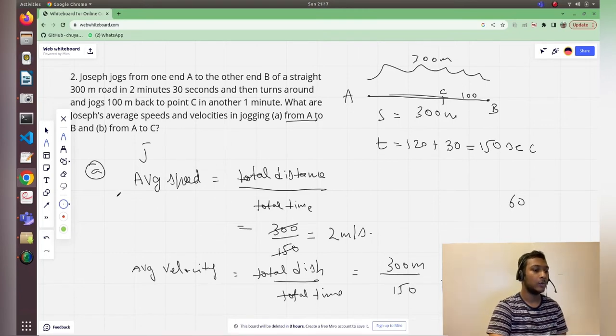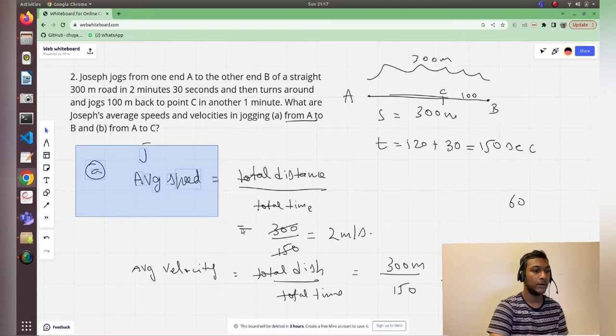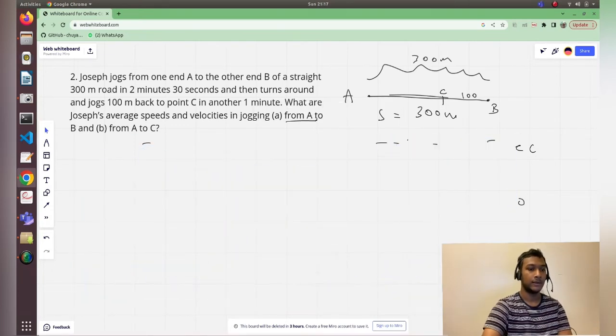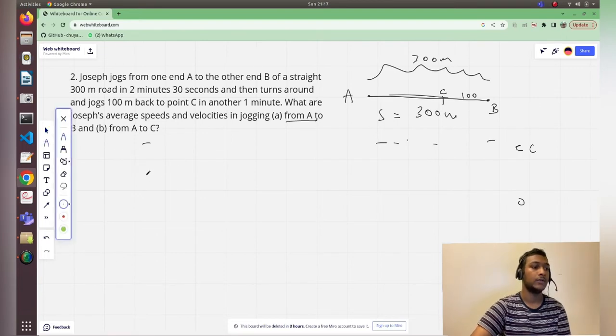Now let's move on to part B. What we are going to do is basically the same thing, but for the path of A to C. So part B is basically A to C.